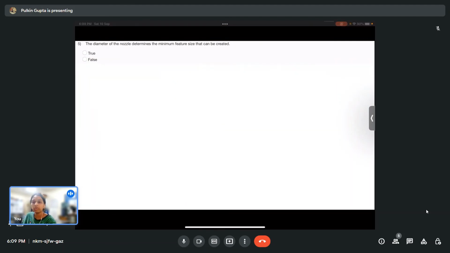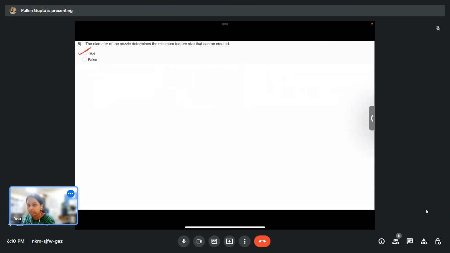Now moving on to question 5. The diameter of the nozzle determines the minimum feature size that can be created. True or false? The answer is true. Suppose your nozzle diameter is 0.5 mm, and you want to make a cylinder.